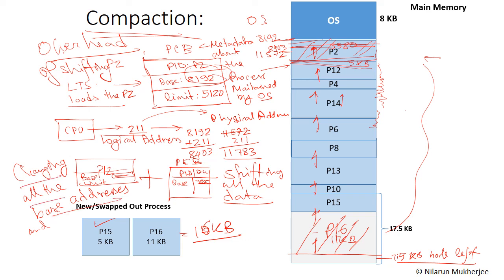That will take some time, shifting all data one after another. Here data has to be shifted physically, plus changing the base address value for all processes. So this is called compaction.